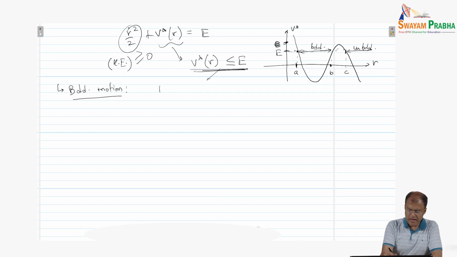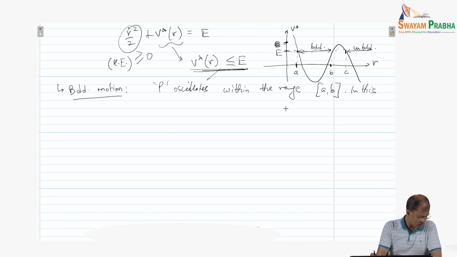That is, R oscillates within the range A comma B, and in this motion the variable which is defining the motion, R of t, is periodic.